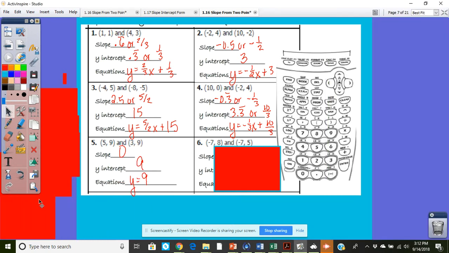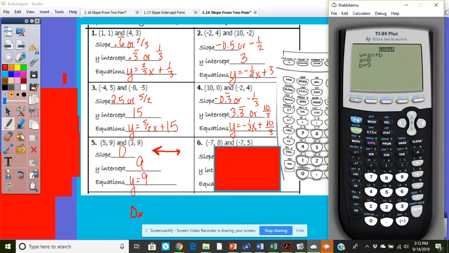So the slope is 0, the y-intercept is 9. If we have a slope of 0, remember that means we've got one of these nice flat horizontal lines. Horizontal lines we write in the form y equals 9, because if you multiply a 0 by an x, your answer is 0. So you don't even have to put 0x in there.